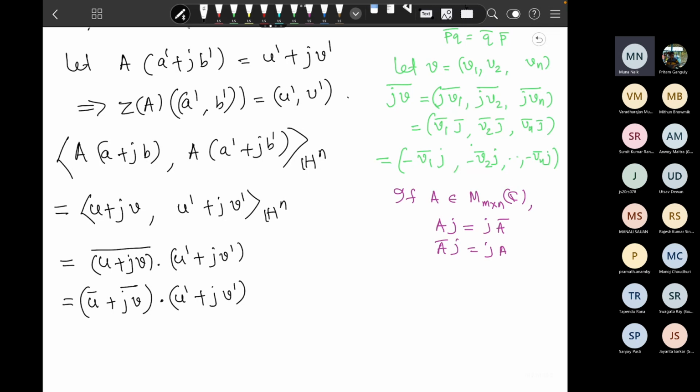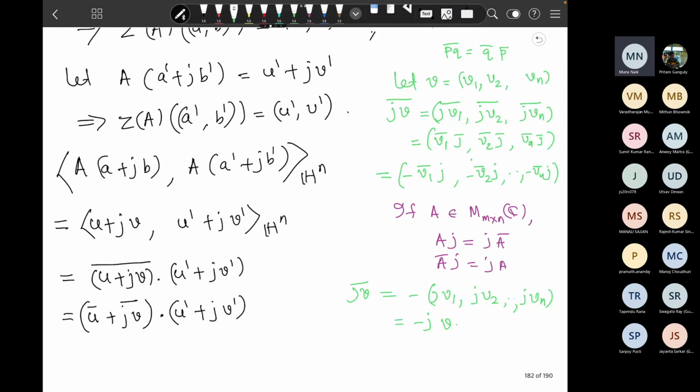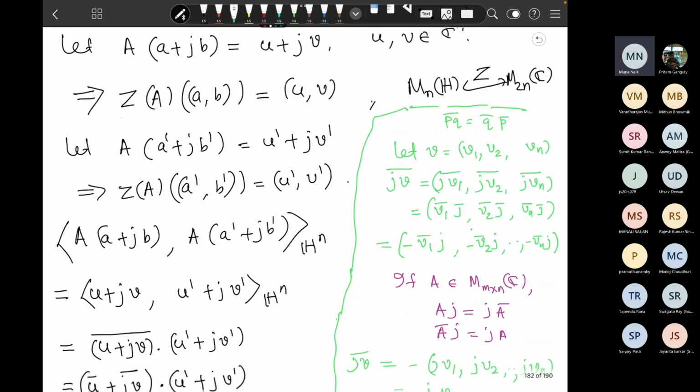Because V1, V2, Vn are complex, we will get that JB bar is equal to minus (JV1, JV2, JVn). So JB bar is equal to minus JB. You remember this part? We will use this thing.